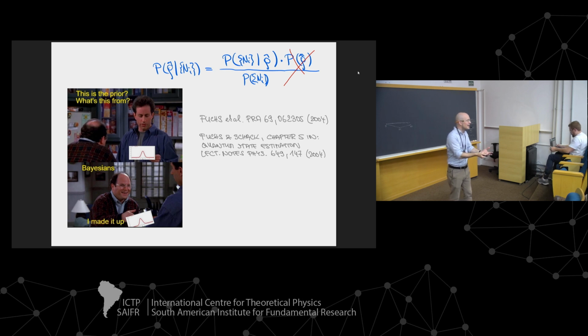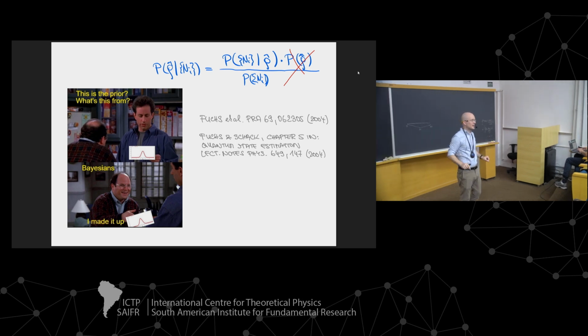If you are interested, I have a very nice example of how the same physical problem can give you very different results, even if in both cases you choose a flat, uniform prior, because I use one parameterization here and a different parameterization there.